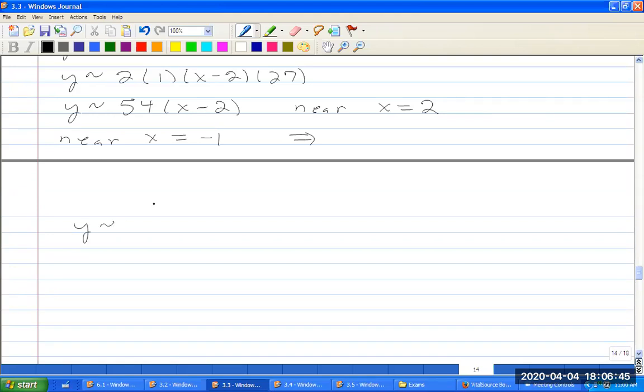Plug in -1. And again, if you plug in -1, you get 0. So let's leave it as x plus 1 cubed.